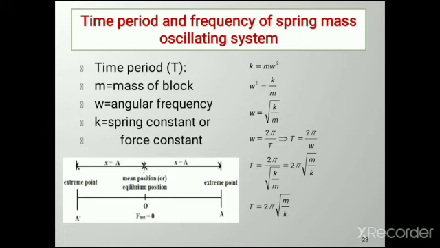Hence, omega square is equal to k upon m. Hence, omega is equal to square root of k upon m. Last year we studied that omega is equal to 2 pi upon T. Hence, T is equal to 2 pi by omega. If you substitute the value of omega, we will get T is equal to 2 pi square root of m upon k.